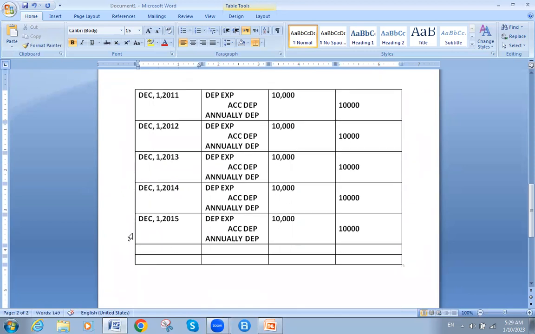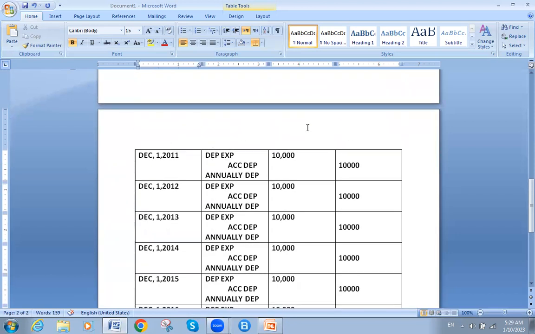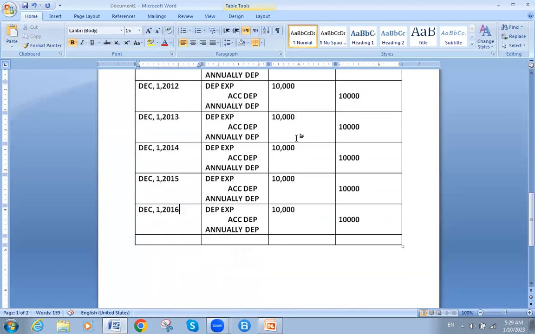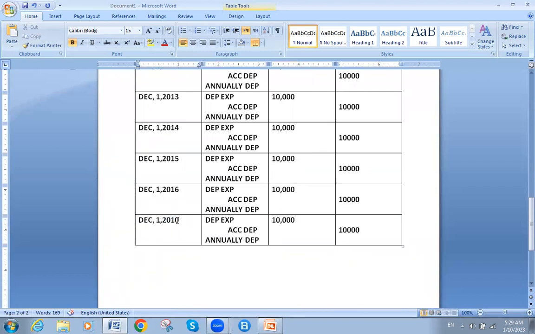Even if I did one more, I can remove it, but I have to count how many times they are, because we have 10 years. 1, 2, 3, 4, 5, 6, 7. Still we have 3 more. Control and V, this is December 17.